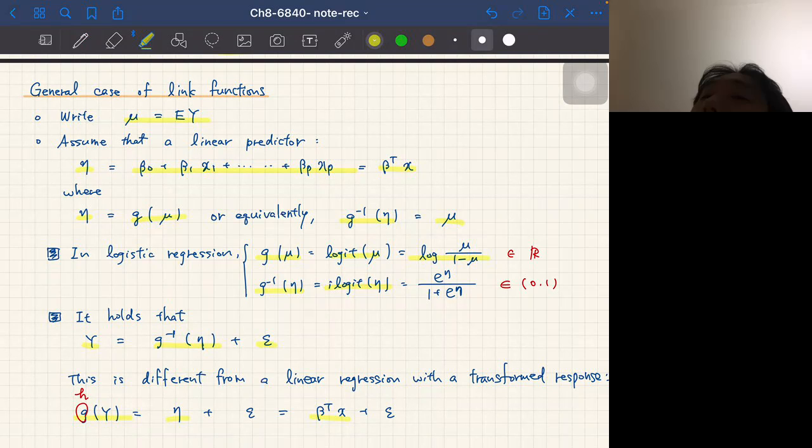You can see g of y is equal to eta plus epsilon, so epsilon is actually included in g. So if you map both sides by g inverse, y is equal to g inverse of eta plus epsilon, and the epsilon is included in the g inverse. So it's a little different from the generalized linear model.